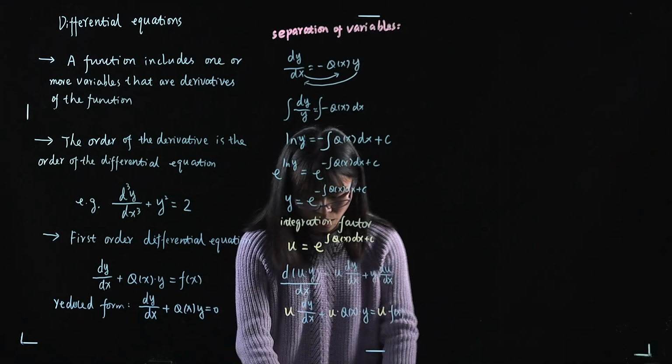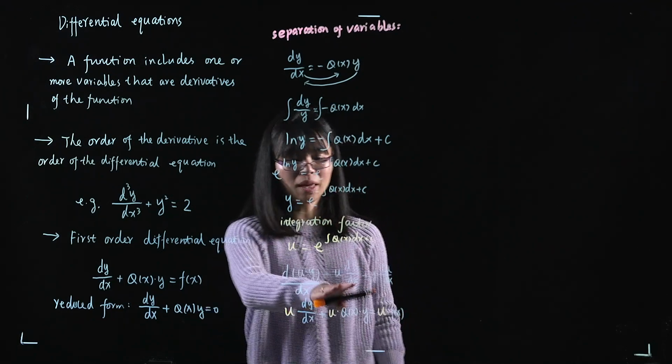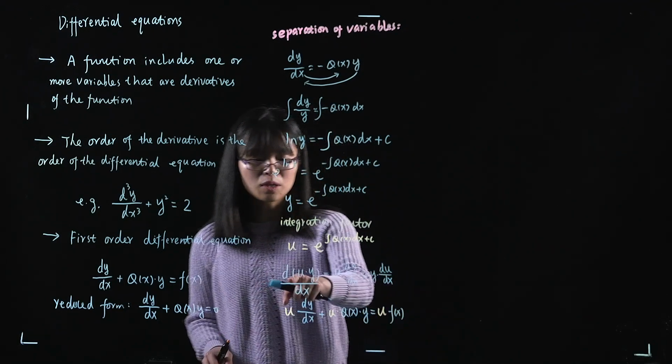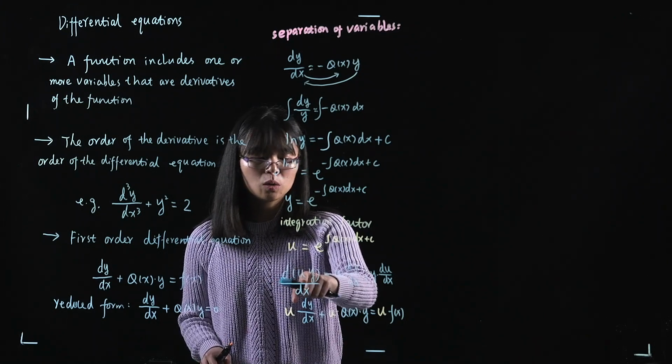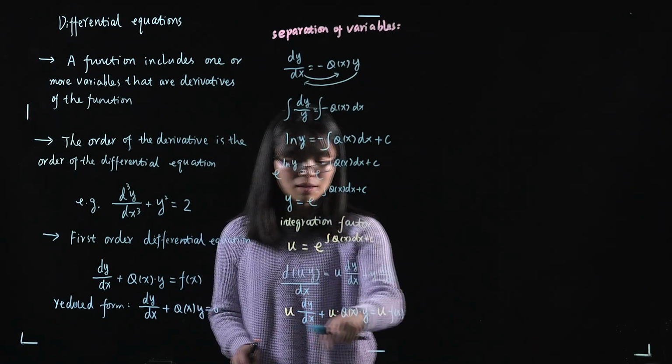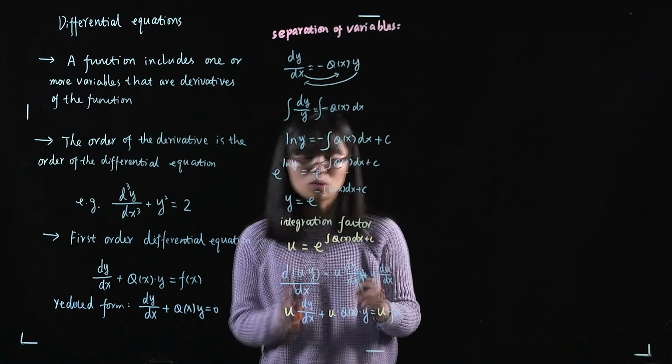Now if we compare the total differentiation of u times y and the left-hand side of the equation, let's see what we can find.